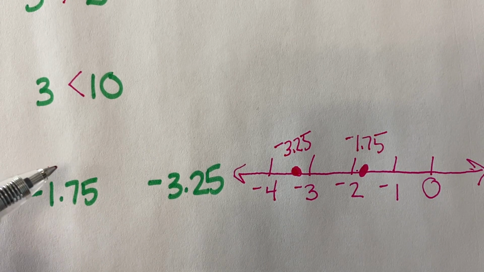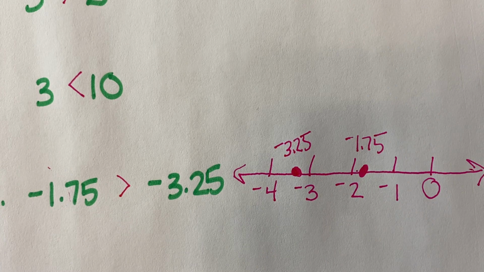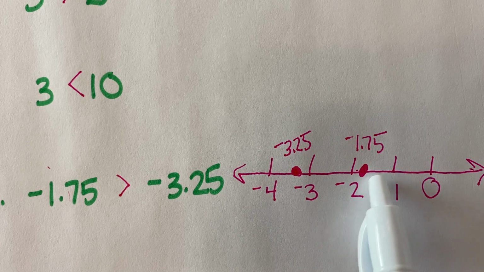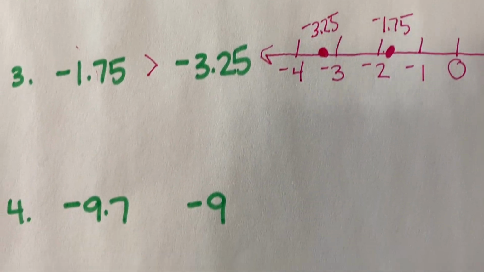So I'm going to say that negative 1.75 is bigger than negative 3.25 because it's closer to 0. It's further to the right. So this one's bigger than this one.